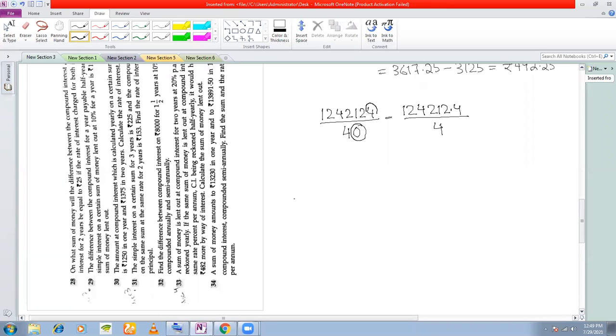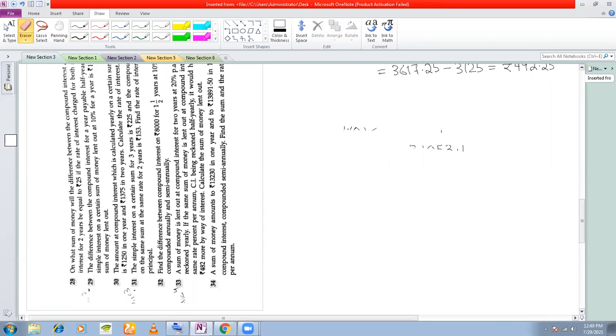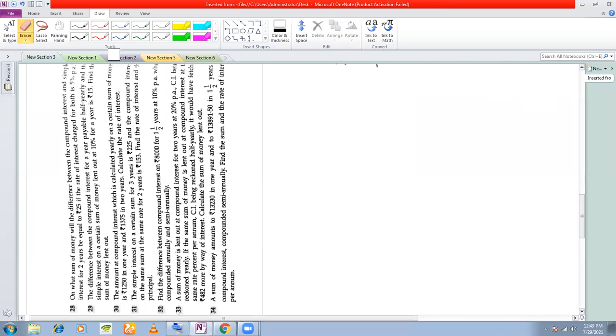Is this step clear? Yes? Good. Now I can divide by 4 directly. If you divide this by 4, you'll get 31053.1. Okay, so that is one trick of division. That is why I always tell you, keep a 0 in the denominator always. It always helps. Okay, fine. Let's move on to the next problem. Now all the tricks are over. Okay, all the examples are over.